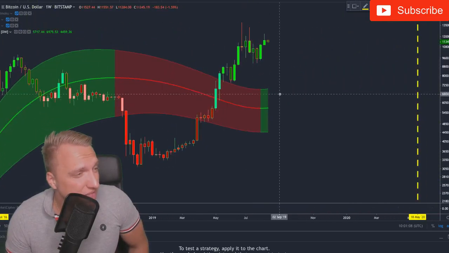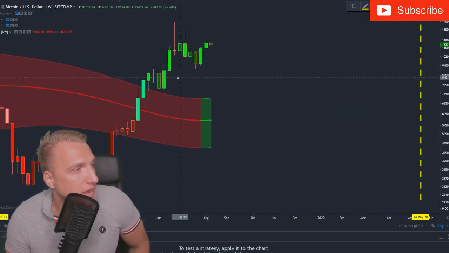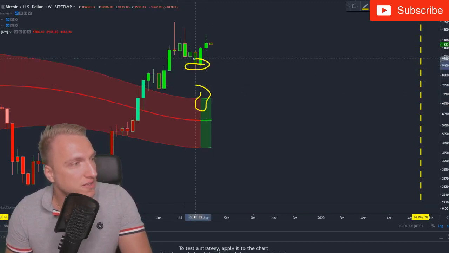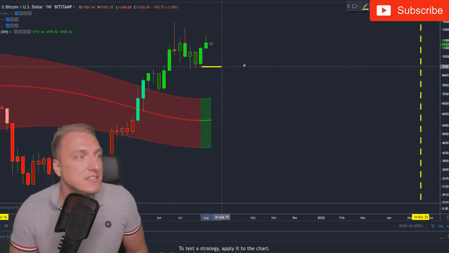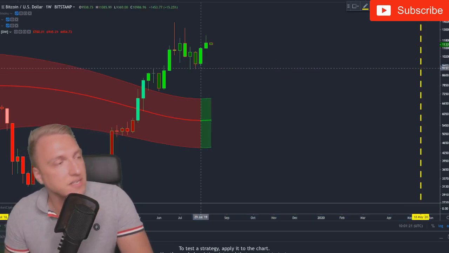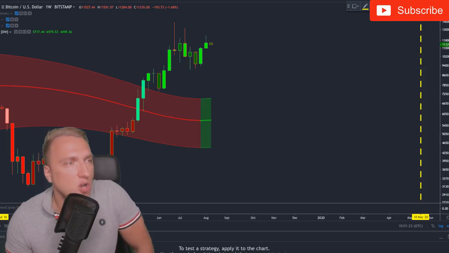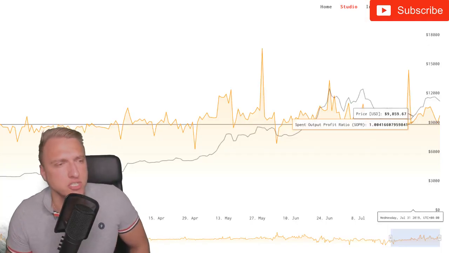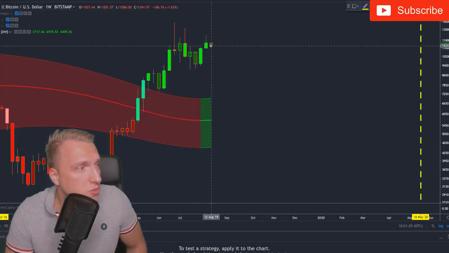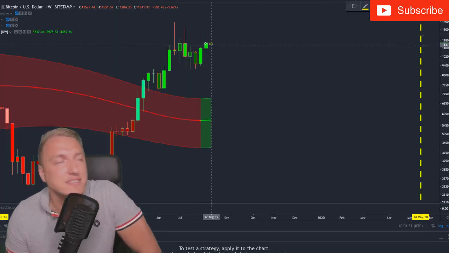So we have the exact same scenario right here when we are switching from red into green and approaching this level. The likelihood is at least very high that this price level of 9,100 is not going to get hit again.